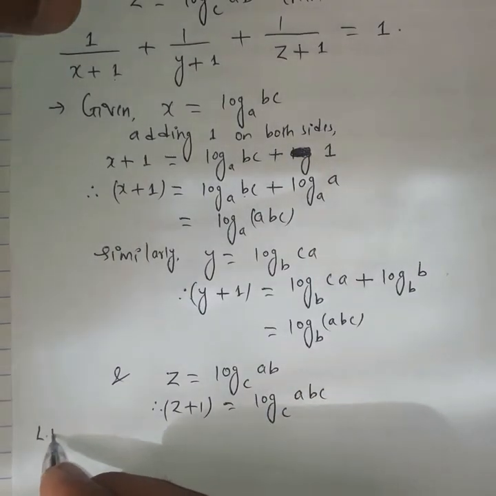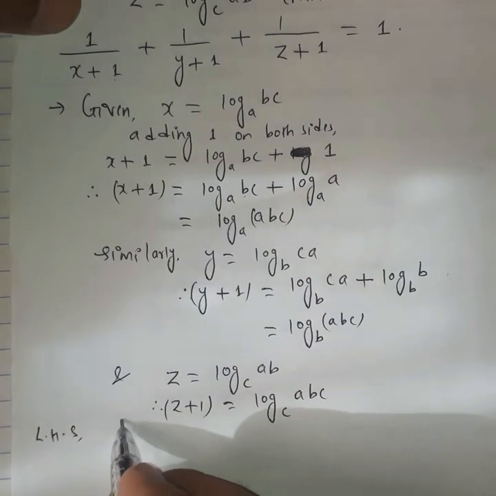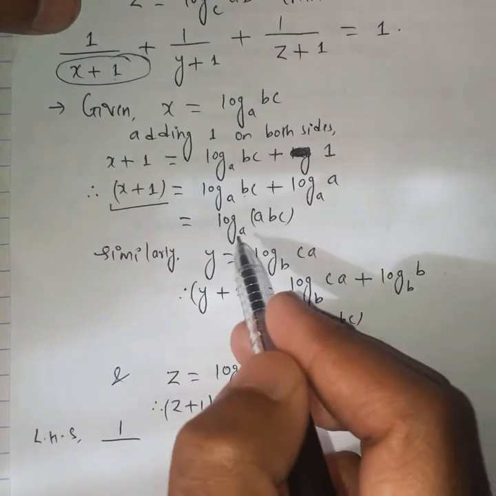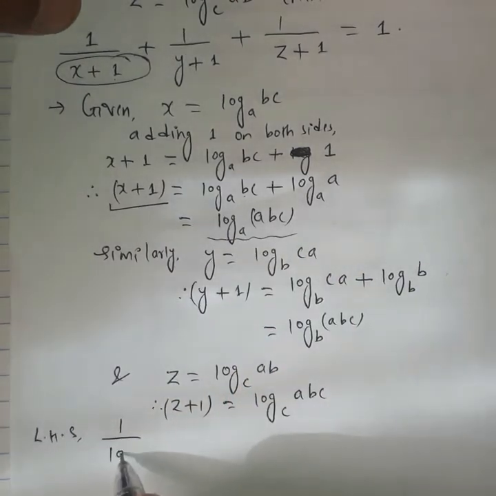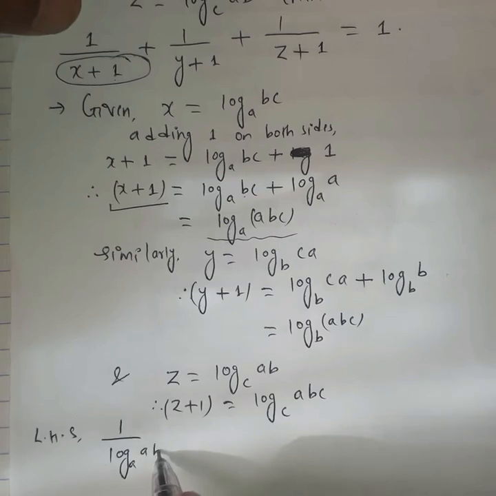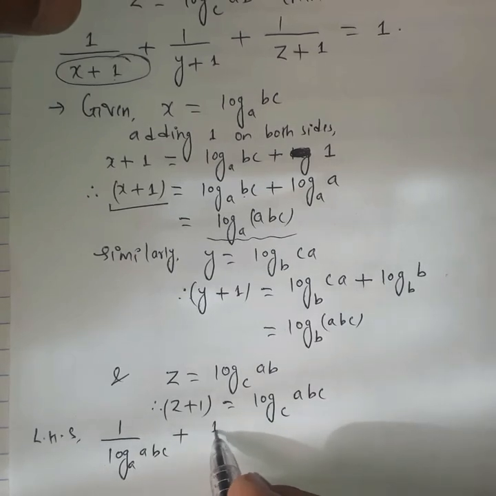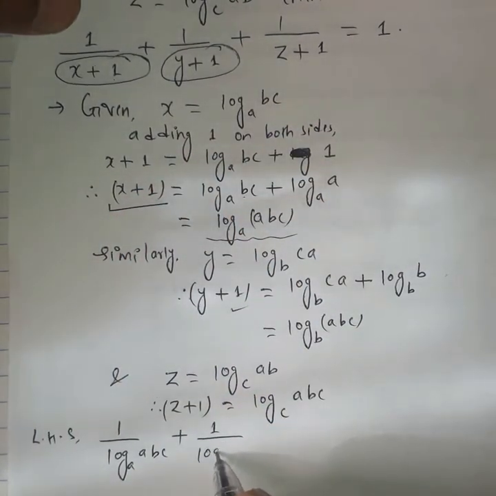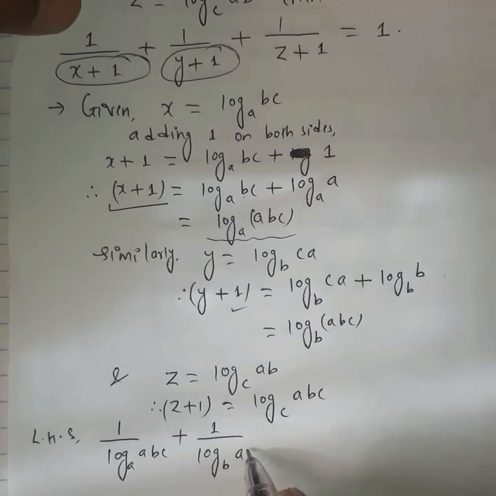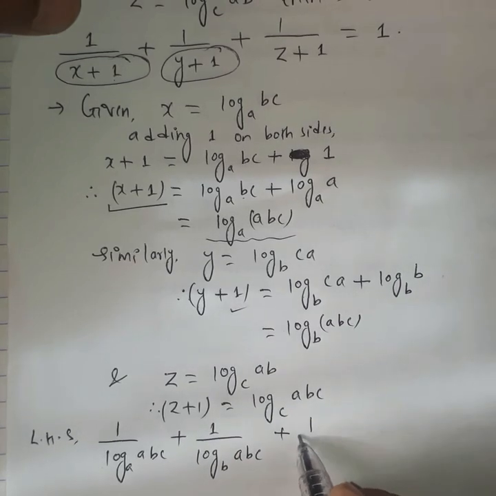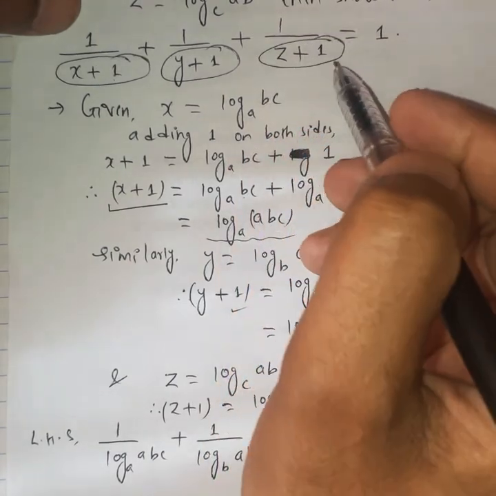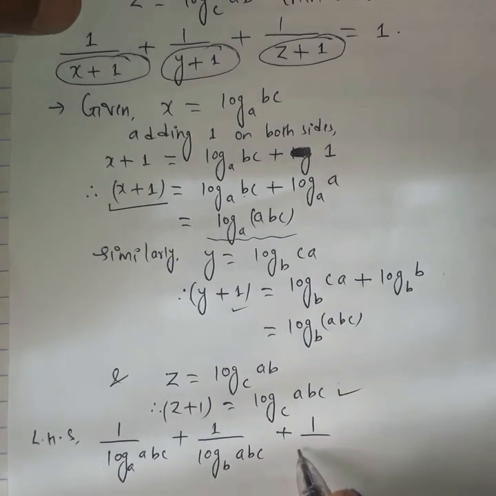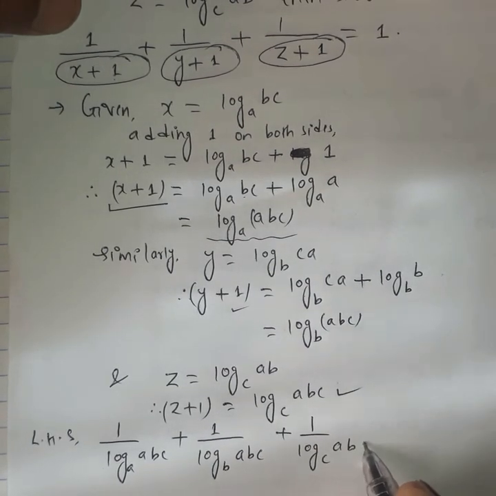After substituting the values, the left hand side becomes 1 over the value of x plus 1, which we calculated as log with base a of the number ABC, plus 1 over the value of y plus 1, which is log with base b of the same number ABC, plus 1 over the value of z plus 1, which is log with base c of the number ABC.